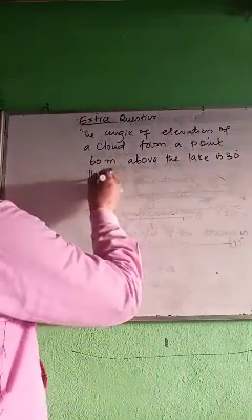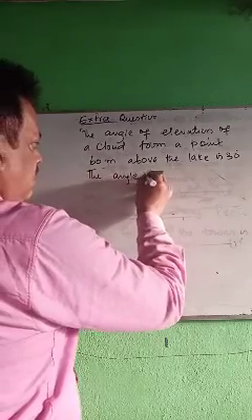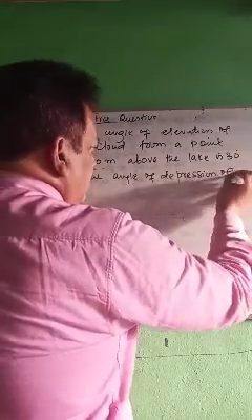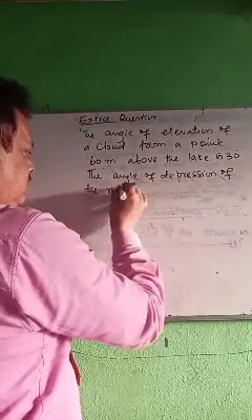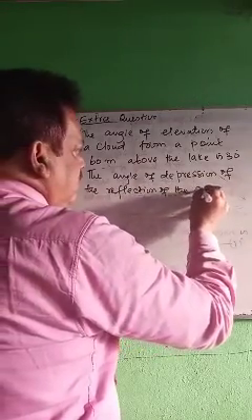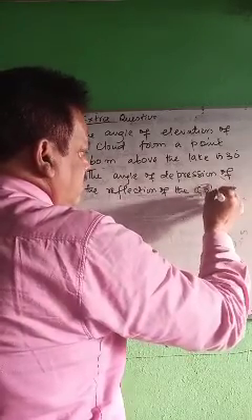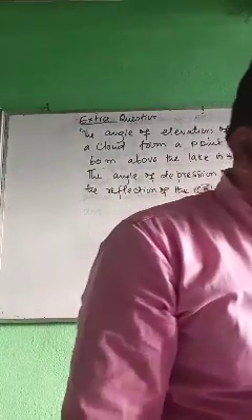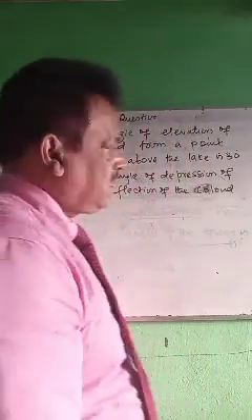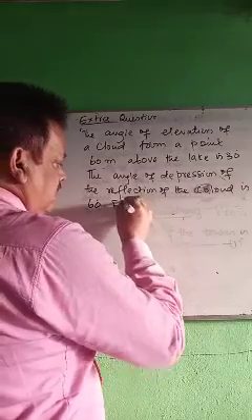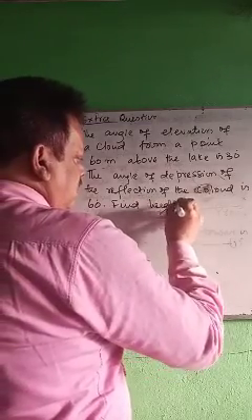The angle of depression of the reflection of the cloud is 60 degree. Find height of the cloud.